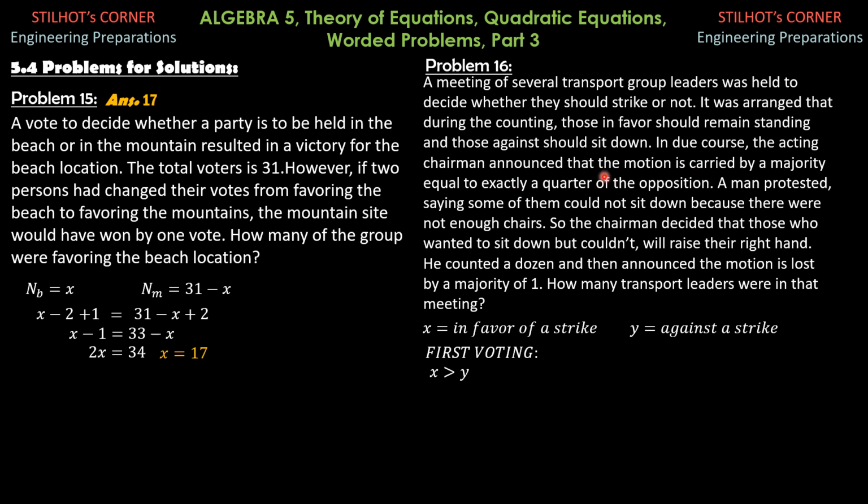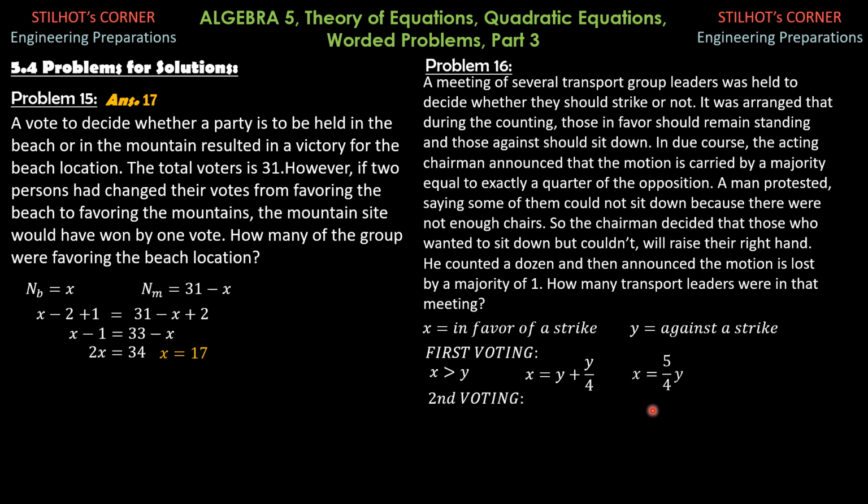The acting chairman announced that the motion is carried by a majority equal to exactly a quarter of the opposition. So this is the opposition, those who are against a strike. So for these two to be equal, X is equal to Y plus 1/4 of Y. So that means X is 5/4 of Y.